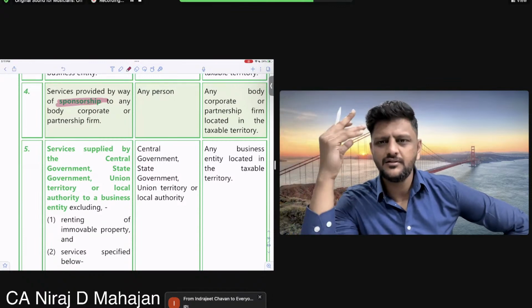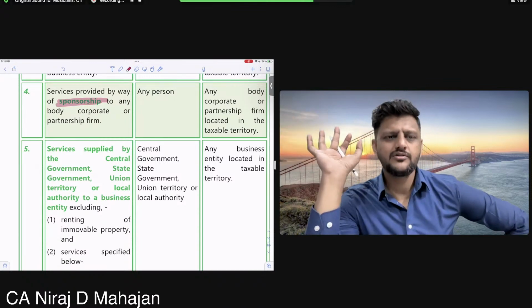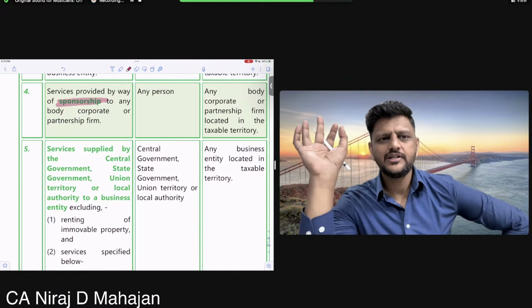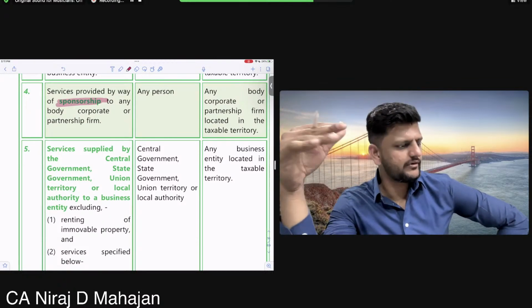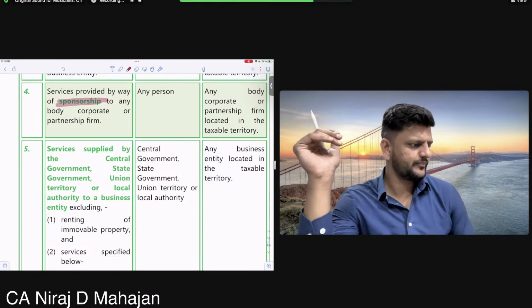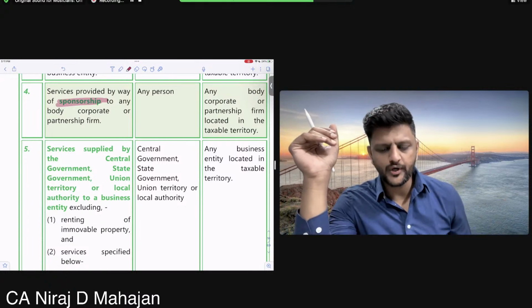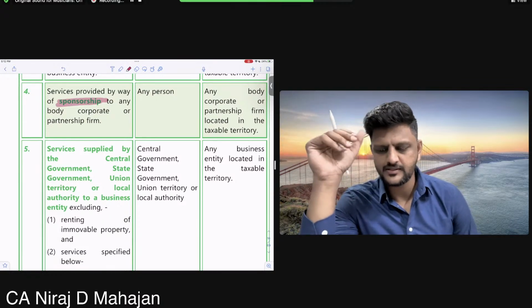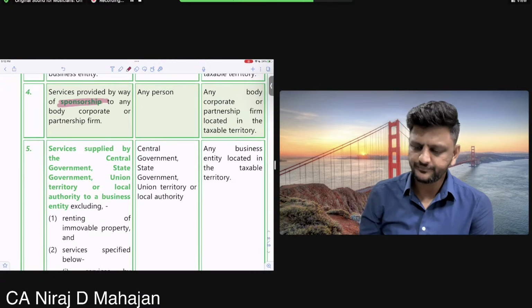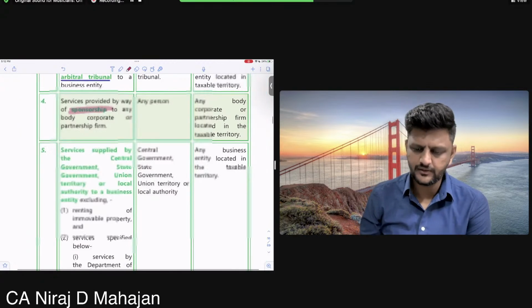Manikchand, Raichand, L'Oreal, Filmfare Awards for, है ना? So basically, again, sponsorship is a service given, that we will make advertisement for you. Isn't it, everybody? The service is provided by way of sponsorship to any body corporate or firm. Again, RCM. Done till here.